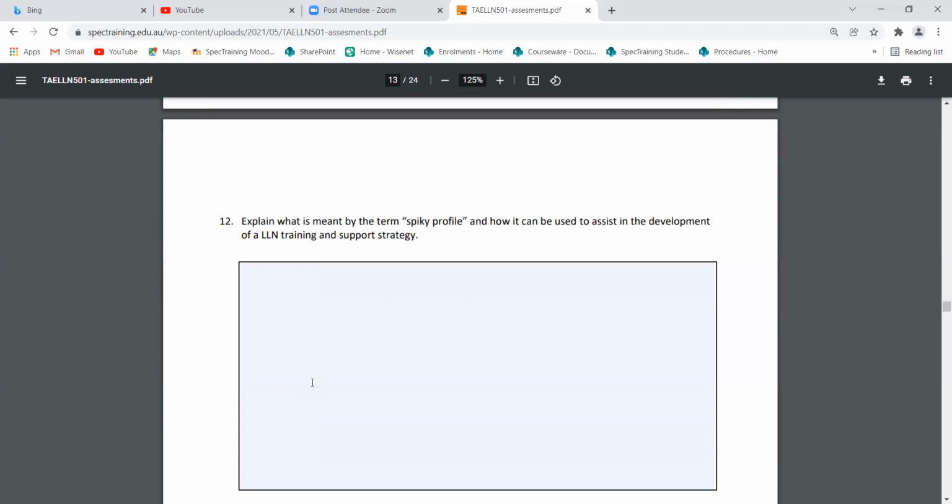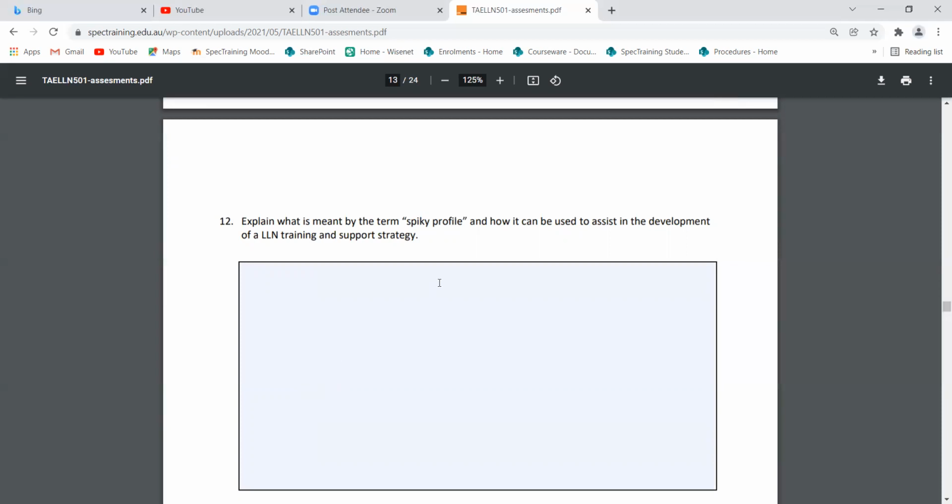Okay, and by showing it graphically, we're able to identify quickly and easily the areas of extra support that's required and the areas where a learner may be doing quite fine and doesn't need any extra support at all. So definitely Google spiky profile.